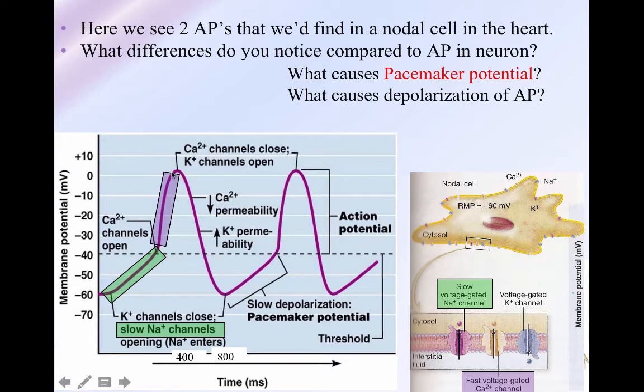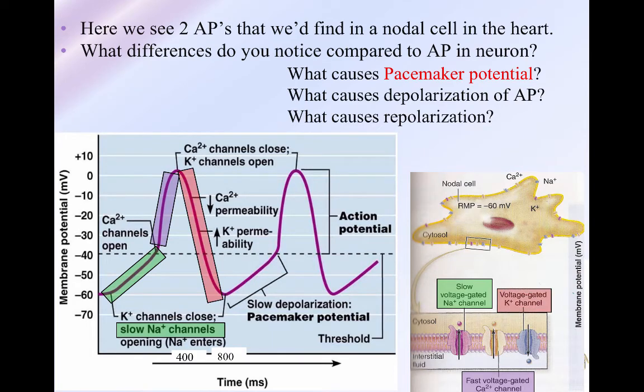When we get to the peak of the action potential, the calcium channels will close, and then just as we're used to in neurons, potassium channels open up. And as those potassium channels open up, potassium is going to rush out of the cell, causing it to repolarize very quickly. And so again, voltage-gated potassium channels open, potassium leaves, and it pushes the membrane potential back down to -60.